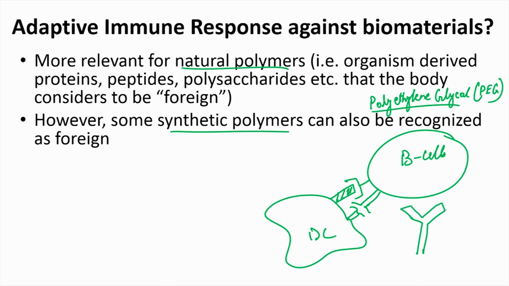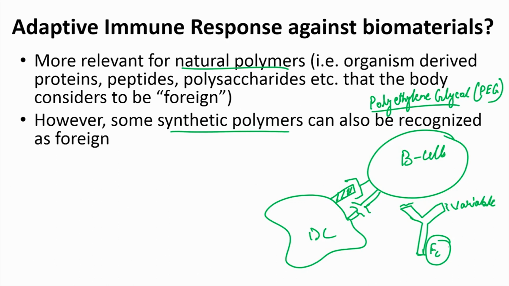I will probably talk about it more in further classes. This is an Fc region and this is a variable region. So, these proteins can then get recognized by these variable regions. There are several of them, and this Fc is a signal, a red flag, as I was saying.